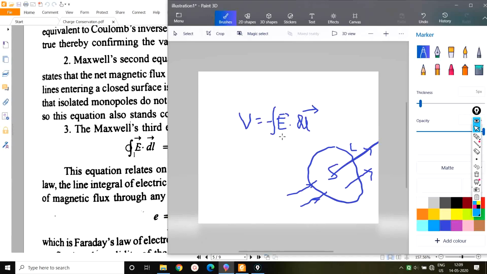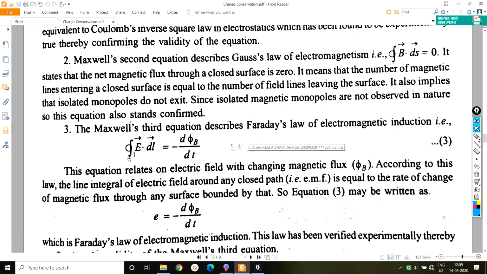So the line integration of E dot dl in fact gives us electric potential V. If we bring that equation into this context, then the line integration of E dot dl simply represents the EMF.